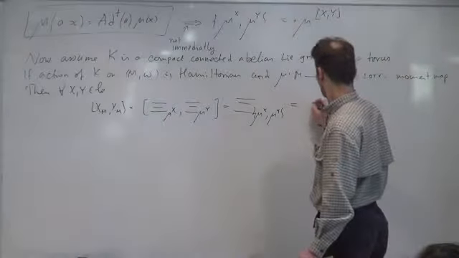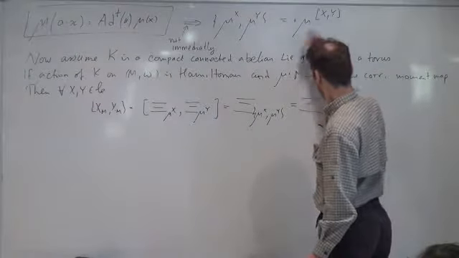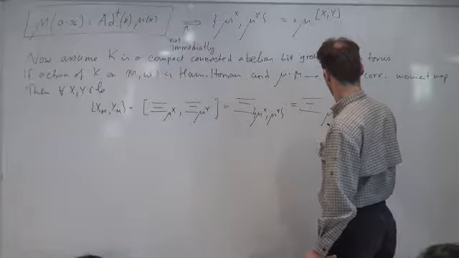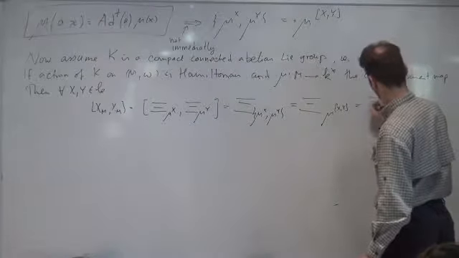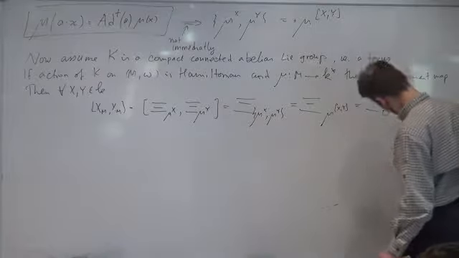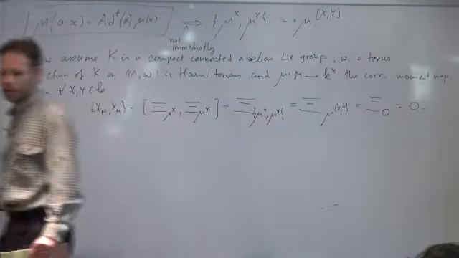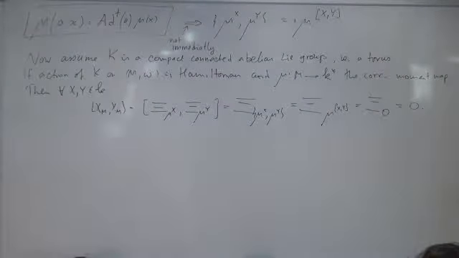And now this is, by equivariance, mu of the bracket, which is the Hamiltonian vector field of 0, you get 0. So this abstract definition of the moment map is the old one we had before, concretely.